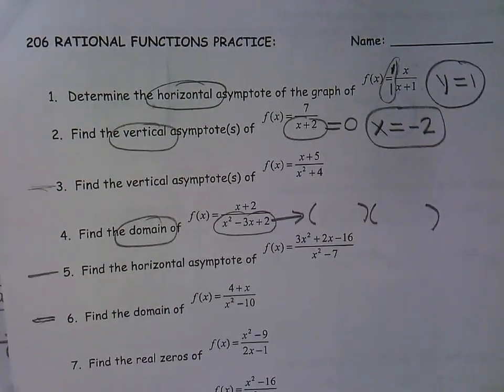It's a trinomial. So you need the diamond method, right? The factors of 2 that add up to -3. And then once you have your factors, see if you can figure out your domain.